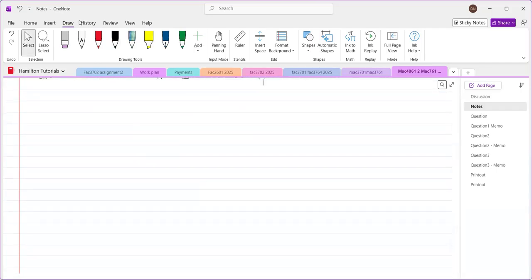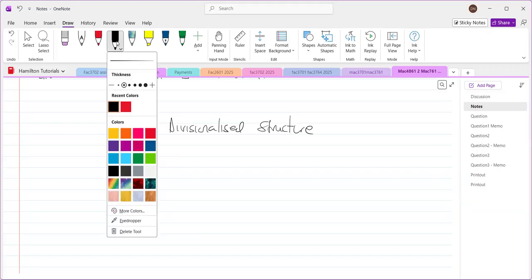So normally we have a basic divisionalized organizational structure as follows. Remember, companies can structure their divisions how they want and how it works for them, but here I'm giving you just a basic, default structure for a manufacturing concern.